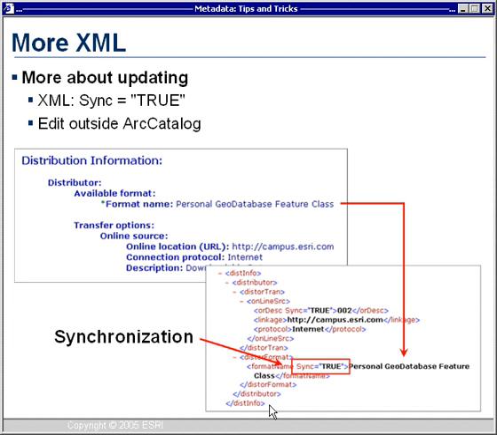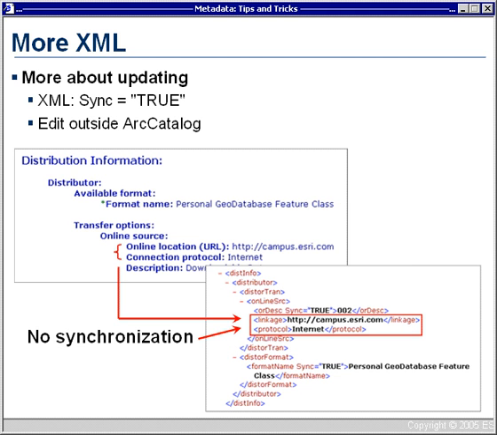Here's a view of that same metadata using the XML style sheet, and for the format name, once again here's the reference to Personal Geodatabase Feature Class. Notice the reference to sync equals true. This sync is short for synchronization, and this is what goes on behind the scenes to tell ArcCatalog to update the name of the data's format automatically.